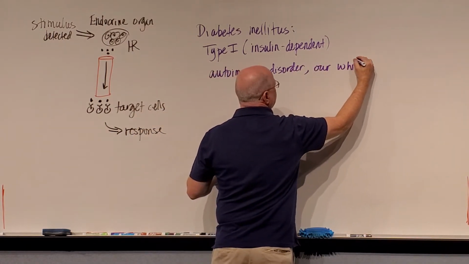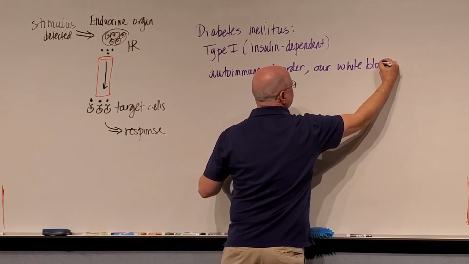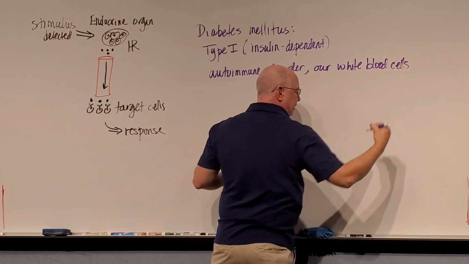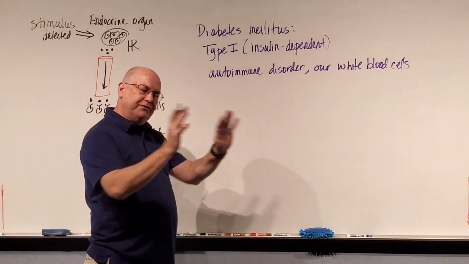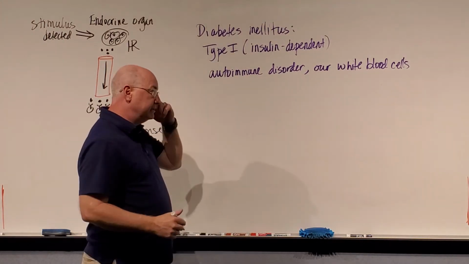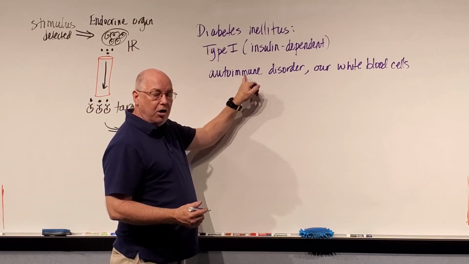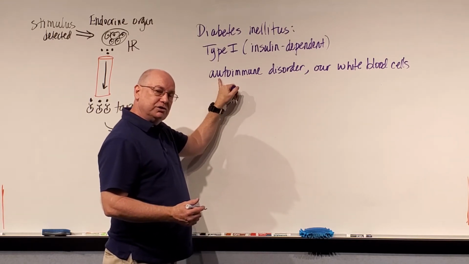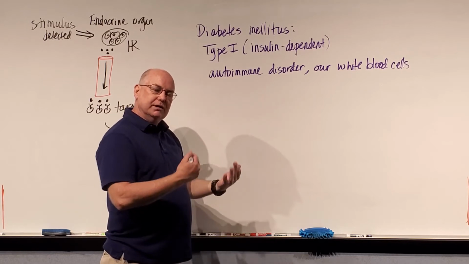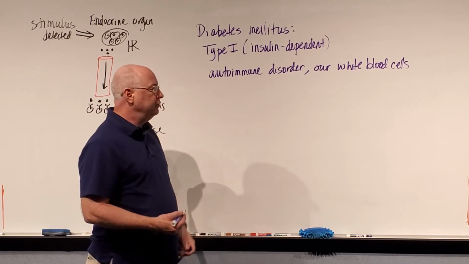Our white blood cells, called leukocytes, which is your body's defense against foreign cells, they fight off viruses and bacteria and things. Well, every now and then they get turned around on our own cells. Our immune system kills our own cells. So autoimmune means having immunity against yourself or your own cells.